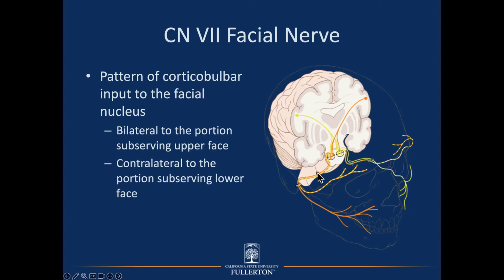It accounts for why, if you damage a facial nerve down here, the trunk of the nerve, let's say as it comes through the parotid gland, with a surgical misstep or whatever, you're going to have a unilateral facial paralysis. Whereas if you damage on this side, you can have a unilateral facial paralysis on this side.